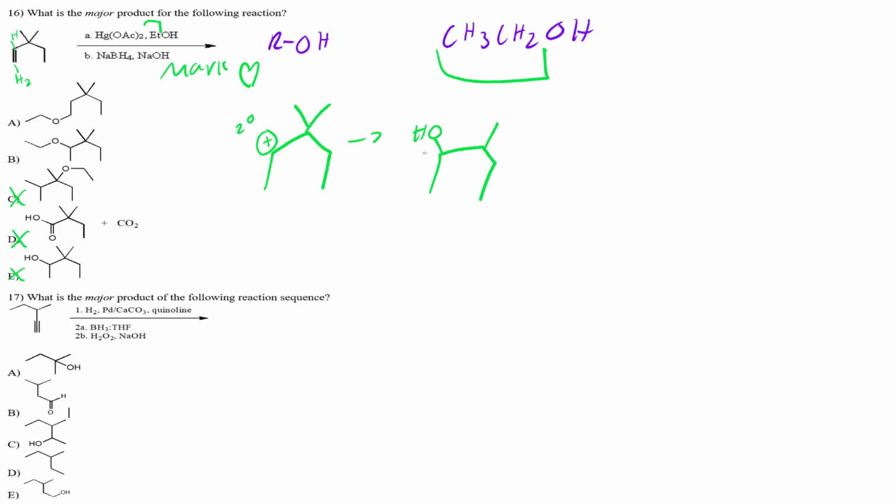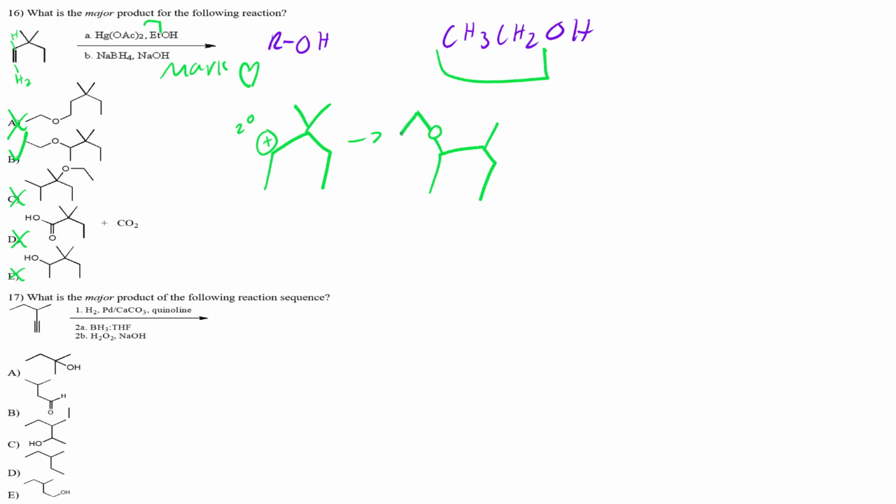No, wrong. We have an ethyl group. So now this hydrogen pops off, and it actually reacts with the ethyl right there. So we have CH2, CH3. So it should be answer choice B. If I had methoxide, I should have a methyl. If I had butoxide or propanol, then I would have this.